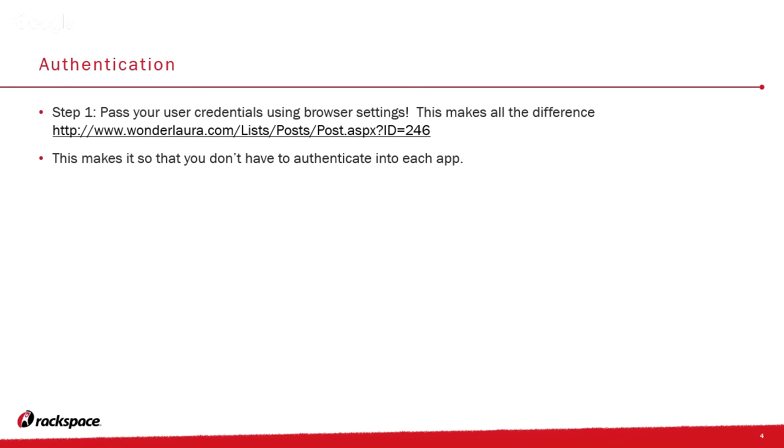It's just a couple of things you have to do in your IE settings. If you do those, you won't have to worry about all these authentication prompts when you open a Word document from SharePoint or a spreadsheet, which make Office integration with SharePoint annoying for people. So just do that, and your whole experience will be much smoother.